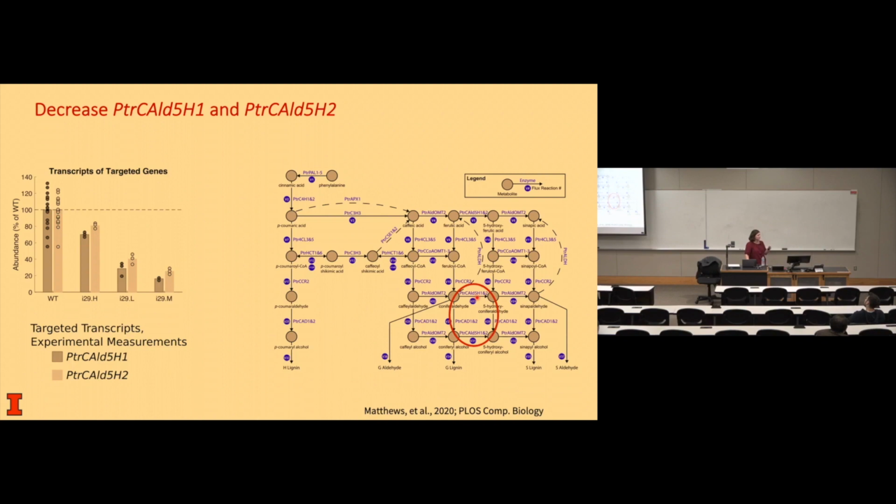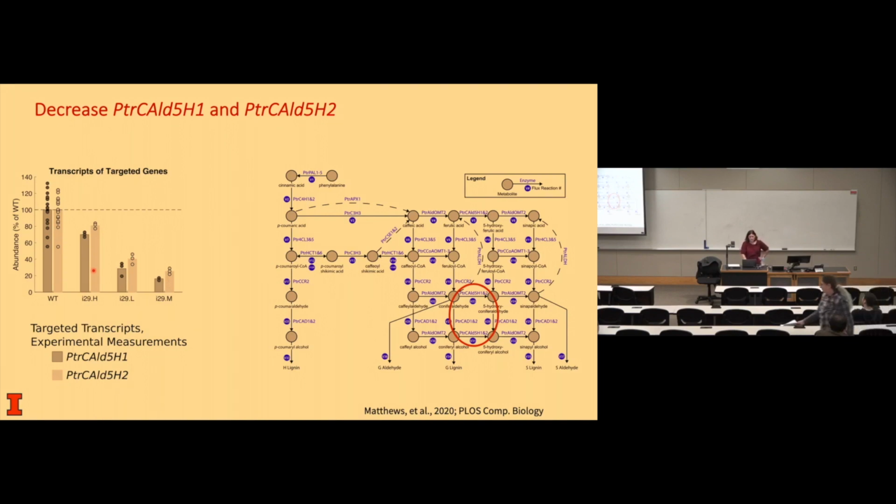There are two of them, but they're the same enzyme family, and they catalyze these two reactions shown here in the metabolic pathway. This plot on the left is showing our wild type amounts of those transcripts or RNA. The wild type is our control condition, and then we have these three experimental conditions that knock down to differing levels the amount of these transcripts shown here.